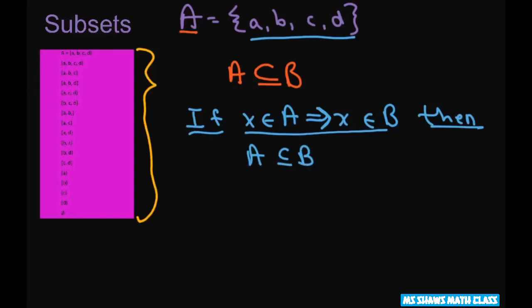The set of all possible subsets of A is called the power set.